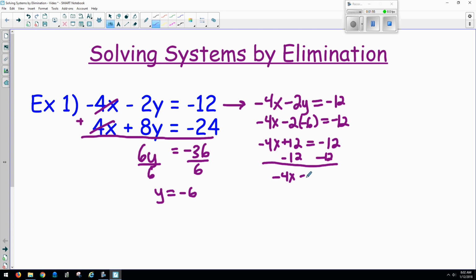So I have -4x equals -24. Divide both sides by -4. So x is 6.